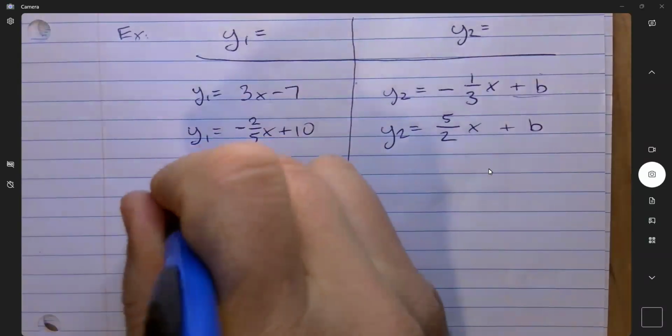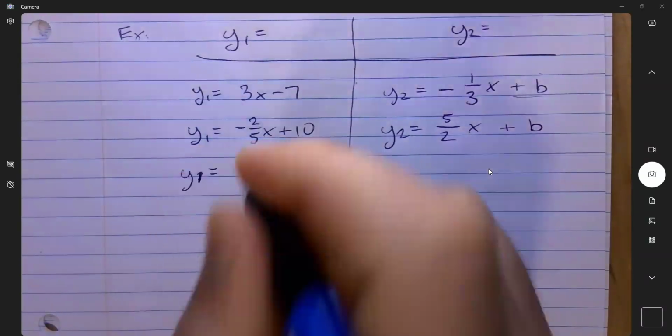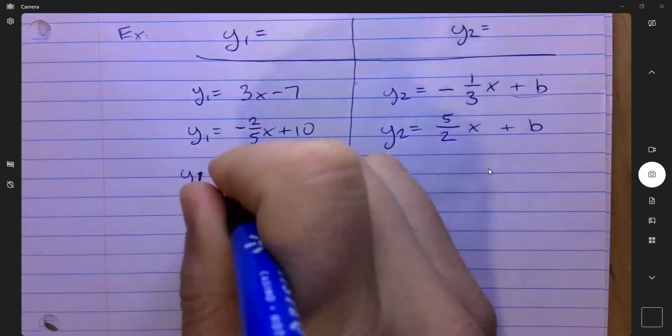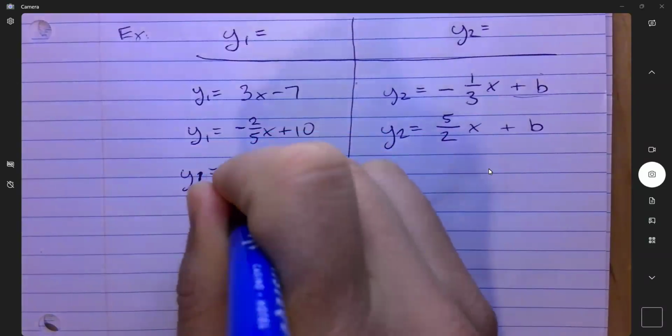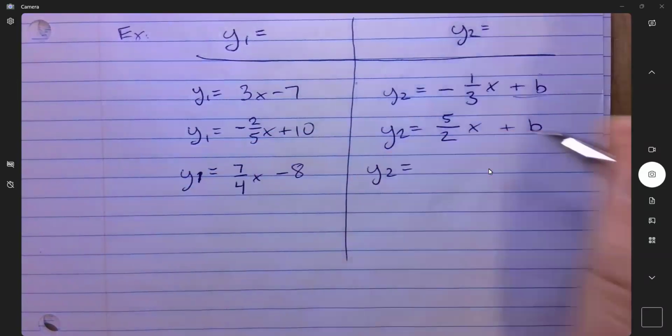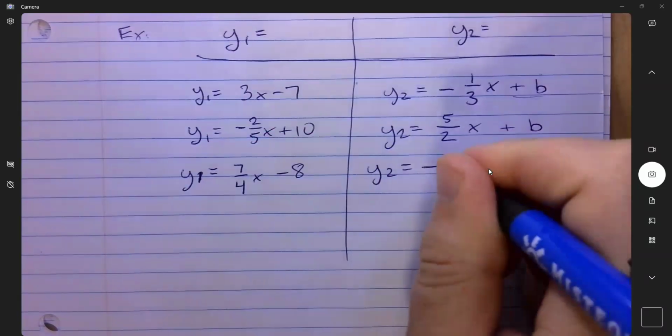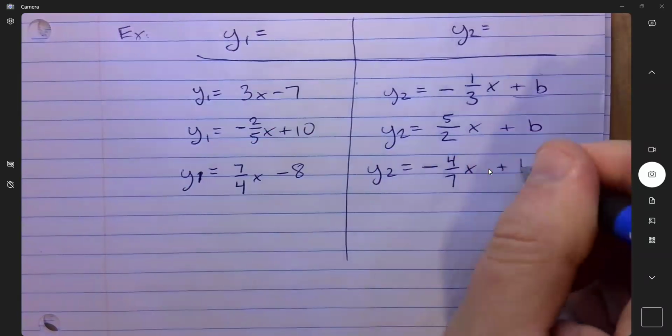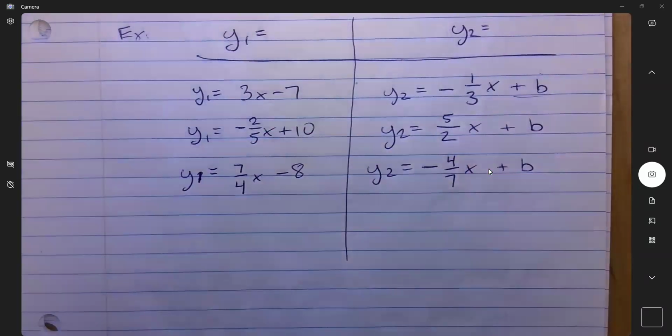Let's do another one. If y1 is 7/4 x minus 8, then y2 has a slope of negative 4/7. And again, some unknown y-intercept.